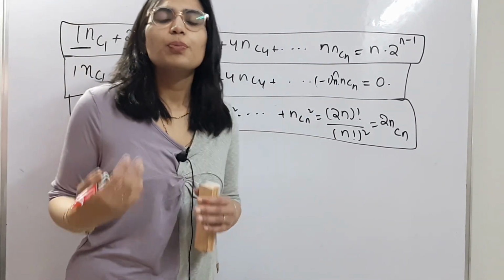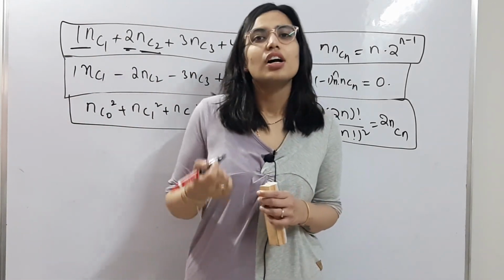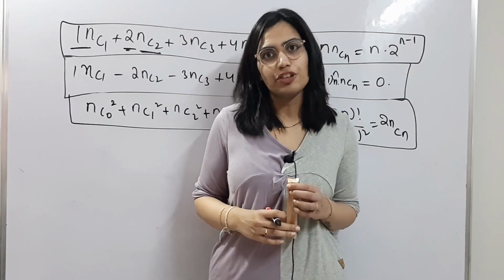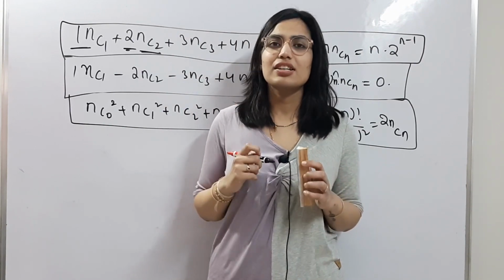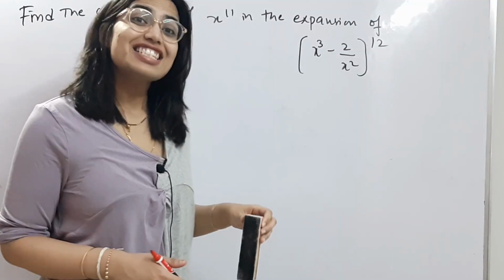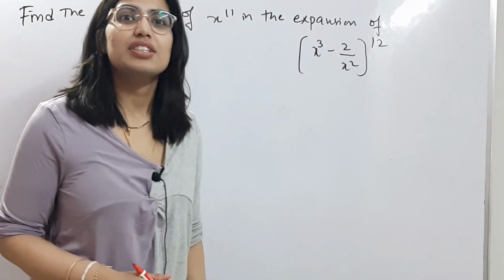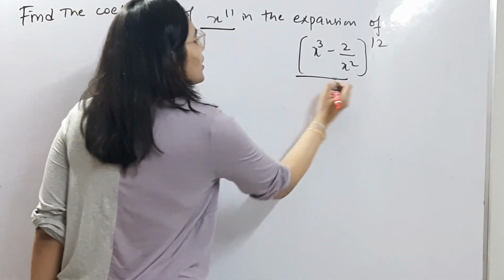So these are a few properties that you need to understand or remember in order to solve questions related to binomial coefficients. Now let's see one problem based on the general term and how to find a binomial coefficient. Let's try to solve one problem using the concepts I have taught so far. Here, we are asked to find the coefficient of x power of 11 in this expansion.